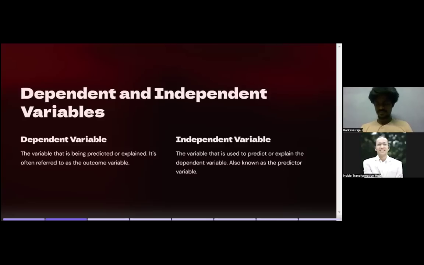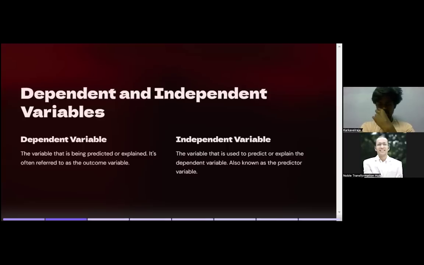The independent variable is the one predicting or explaining the dependent variable, also known as the predictor variable. So you have to understand that the dependent variable is being predicted or explained. It is often referred to as an outcome variable because it is dependent on the other variables. Whereas the independent variable is known as the predictor variable, and it is not dependent on other variables.